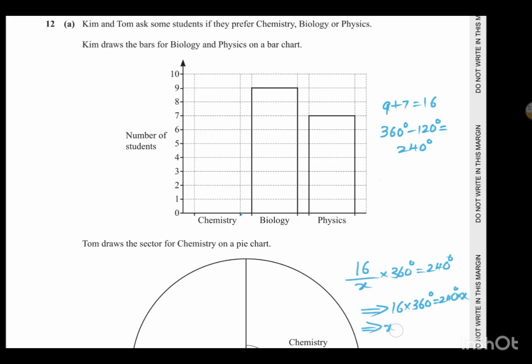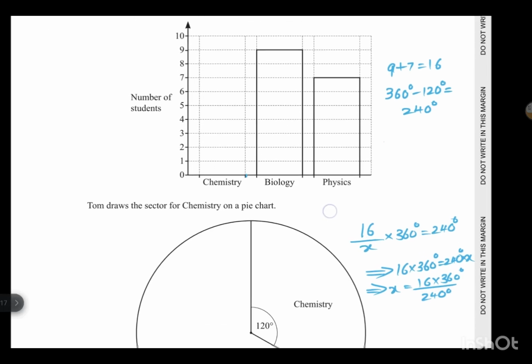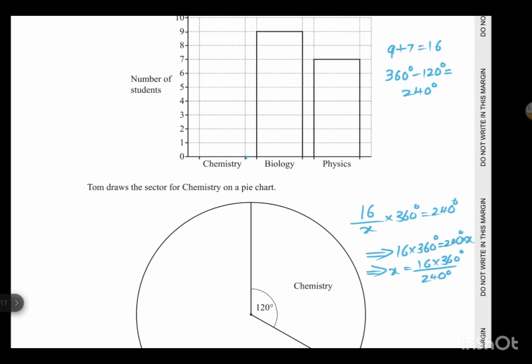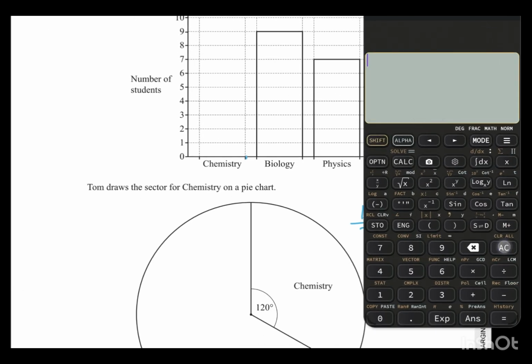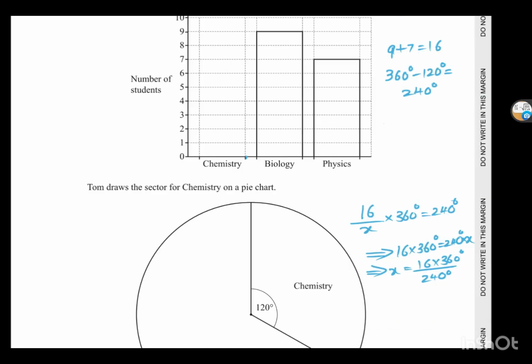So x will be 16 into 360 by 240. Do this in the calculator. 16 into 360 by 240 is 24. So x is 24.